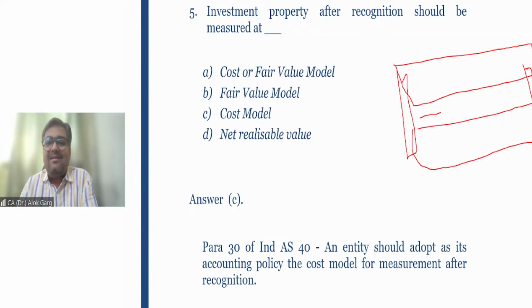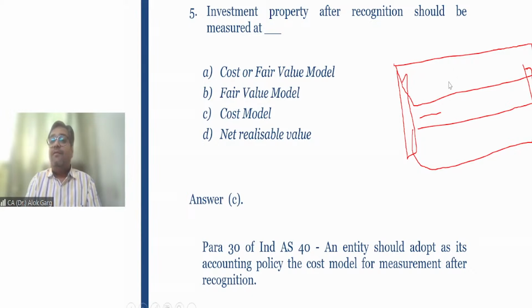So in this case, the service is not significant. If I, as the owner of this building, am letting out this building to a tenant and security is provided but is not significant, then of course it will be an investment property.